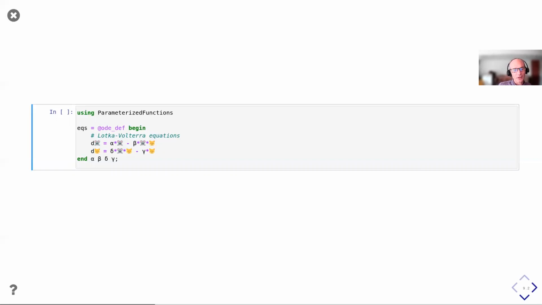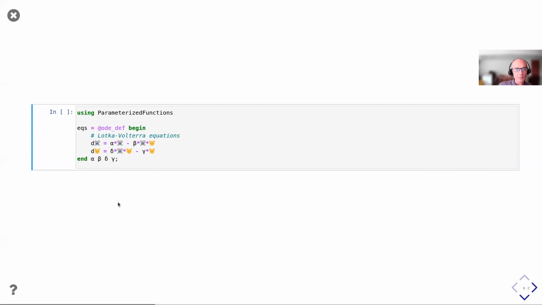This is a Julia representation of the famous predator-prey equations, where you can see that the number of mice is increasing in proportion to the mice as they breed, but decreasing as they get consumed by cats. And likewise, the number of cats grows as they eat more mice and diminishes as they die of old age or other factors.